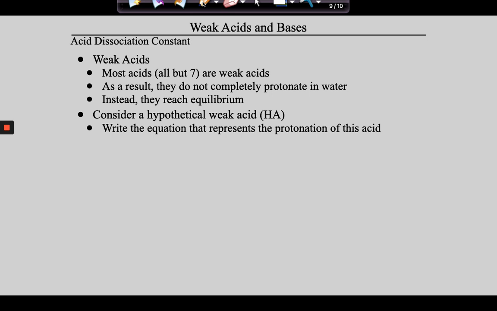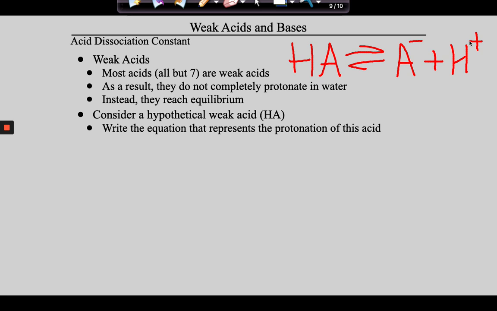So guys, from this, you all should have arrived at this. HA in equilibrium with A minus and H plus. What name do we give to A minus? A minus is the conjugate base. Now, when you write this, does it matter which one goes first, the H or the A?